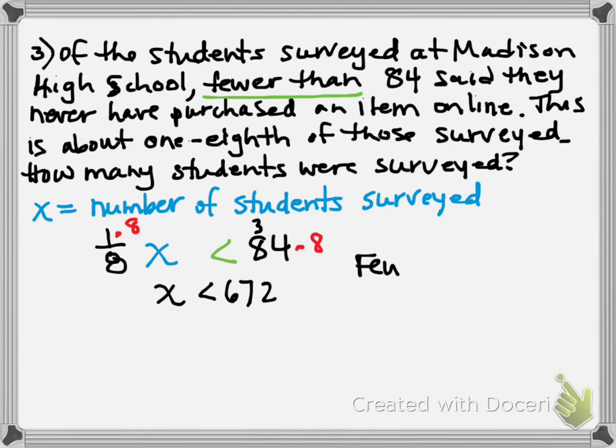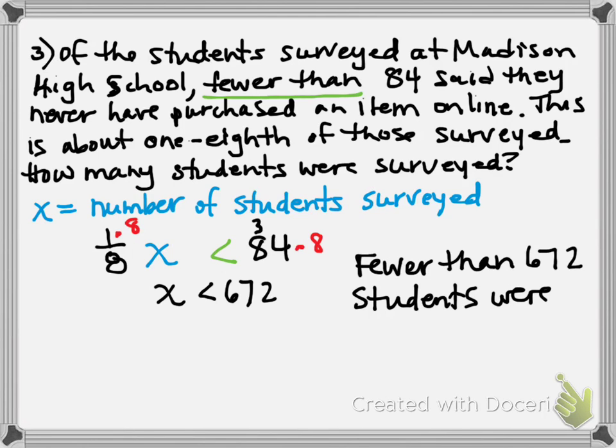Fewer than 672 students were surveyed. We don't know if it's just a tad under that or a lot under that because they said fewer than 84. They could have just randomly picked 84 and it could have been 6. You know, we don't know.